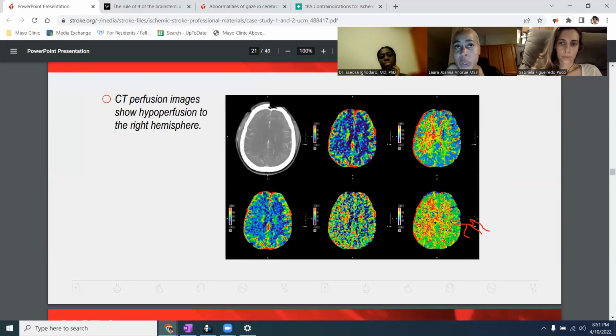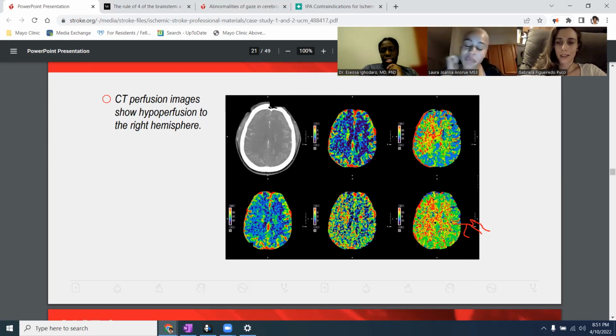We don't know what to do with you, so we're going to image the heck out of you. Your NIH is through the roof, you're a wake-up stroke. A lot of people get the CTP when we don't even know what you're eligible for, our hands are up in the air, so let's see what's going on even more. That's a good point.